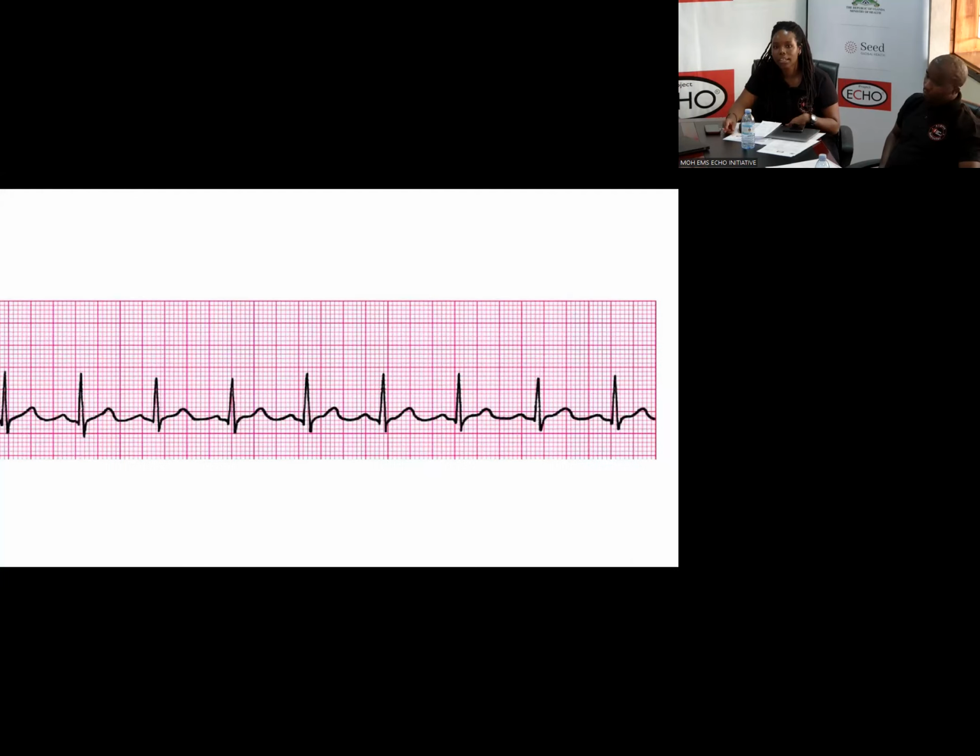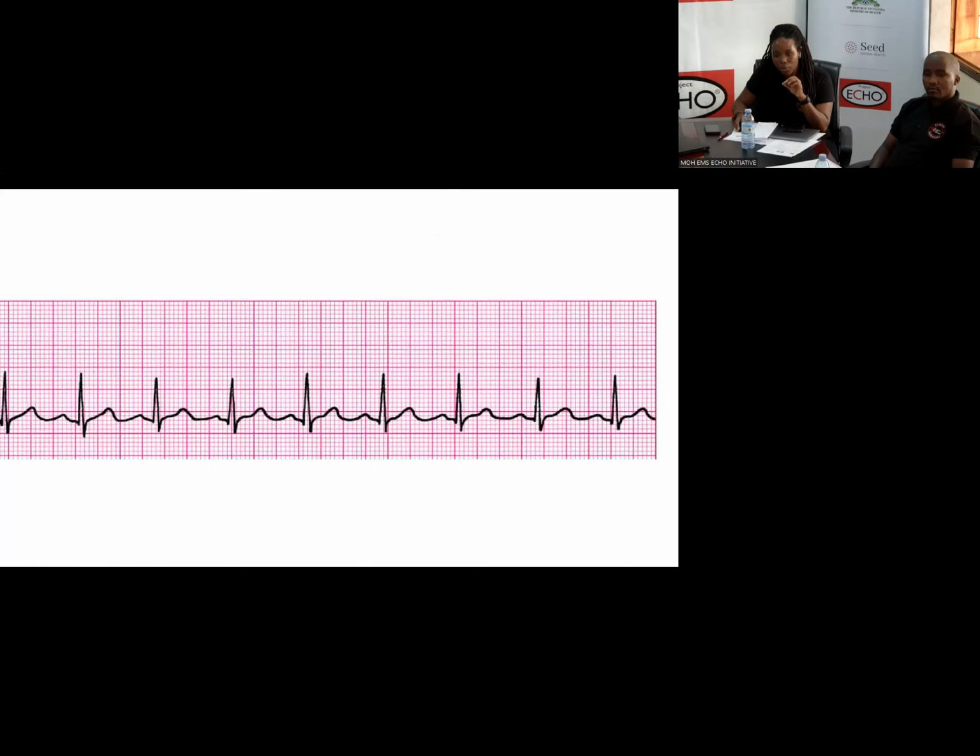Then the next thing we're going to look at is the PR interval. To go over the PR interval, if you remember in the lecture that Dr. Dickson gave, he kept talking about the number of boxes. Most EKG strips have a large, really outlined red box, and in it you see little tiny small red boxes.